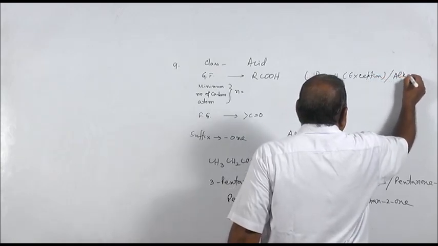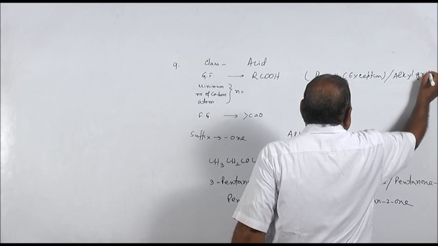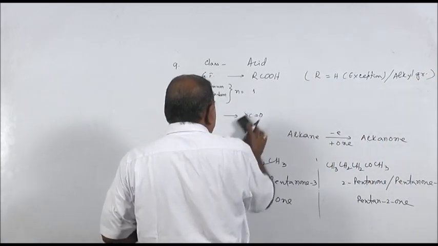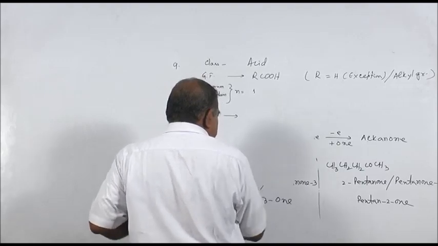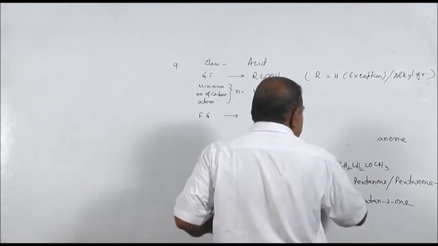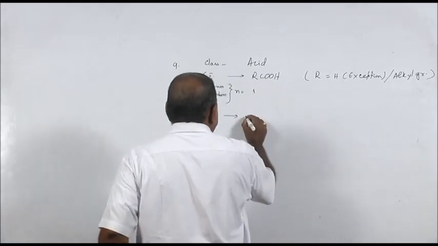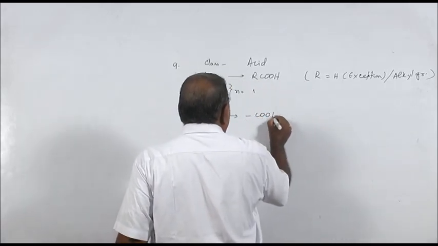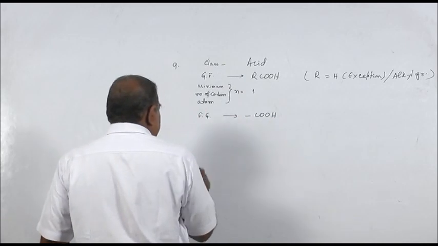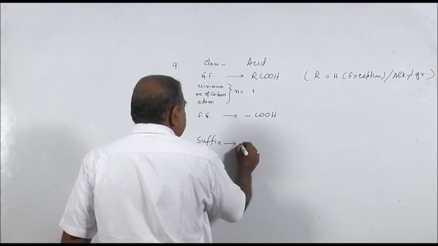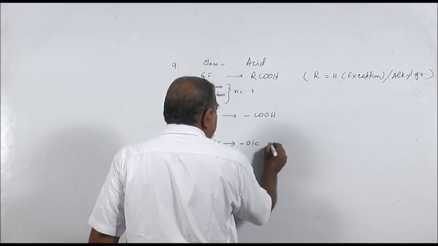The minimum number of carbon atoms is 1. Now the functional group is COOH. It also contains a suffix, that is oic acid.